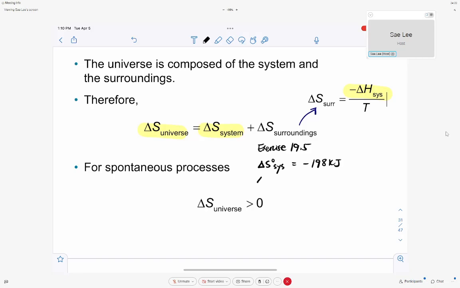If the enthalpy change of the system of the reaction is given as negative 92 kilojoule, can you find the enthalpy change of the surroundings?